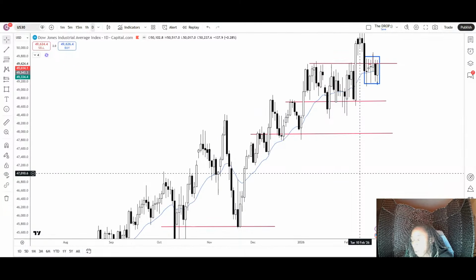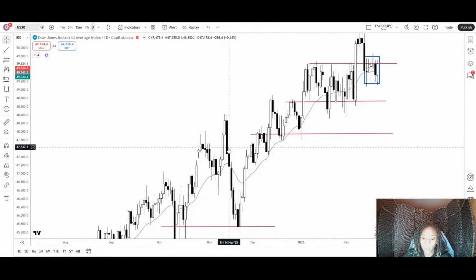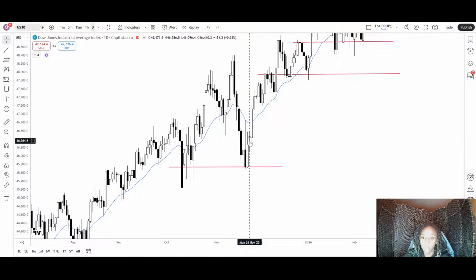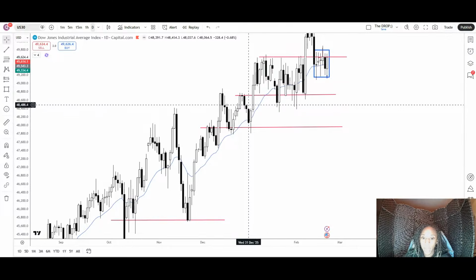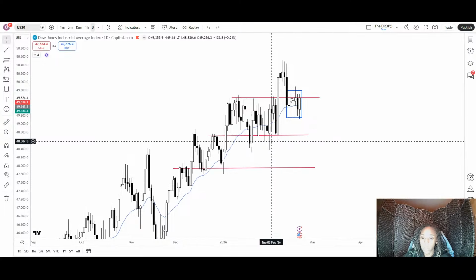I find myself finding more first red days and first green days valid when it approaches a monthly high. Boom, first red day. It approaches a monthly low. Boom, first green day. First red day, first green day. You see what I'm saying?